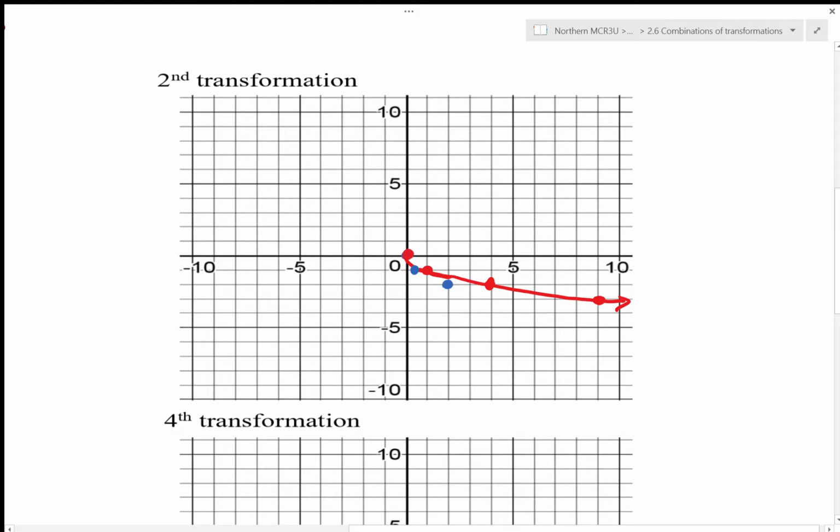And then your 9 as the x value becomes 4.5, but the y value is still -3. So your graph then actually looks like this right now. The graph is not shifted, the graph is compressed sideways, okay?